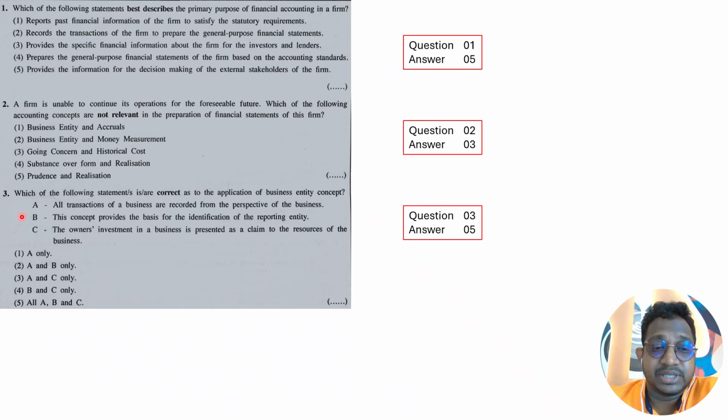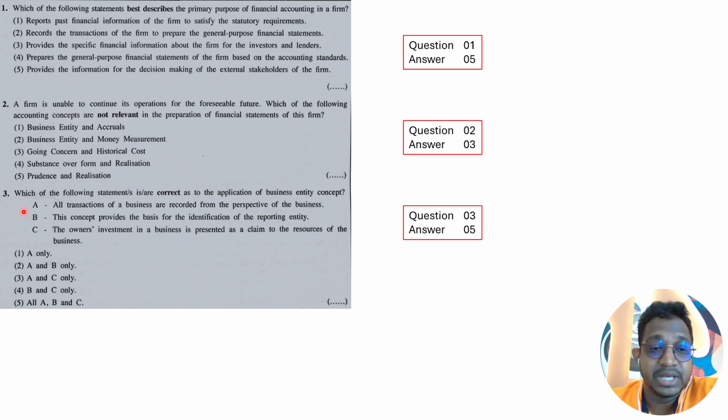In the third question, they're asking which of the following statements are correct as to the application of the business entity concept. In the business entity concept, generally the business and the owners are two separate parties, and you have to do accounts from the point of view of the business. So all transactions of a business are recorded from the perspective of the business.